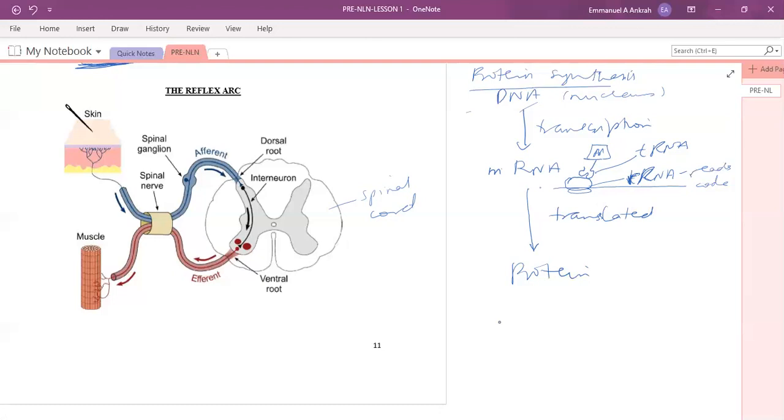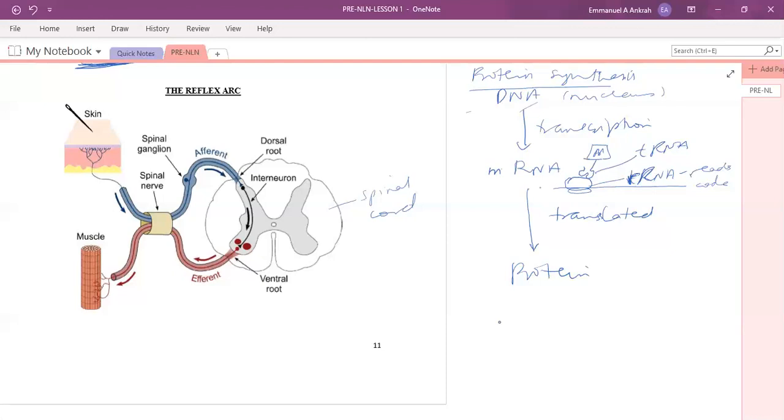Okay, number 13. A neuron that transmits impulses from the receptors to the spinal cord is called, so now we think of the reflex arc here. A, motor neuron. B, an associative neuron. C, an interneuron. And D, sensory neuron.